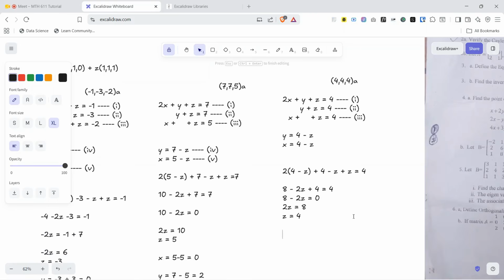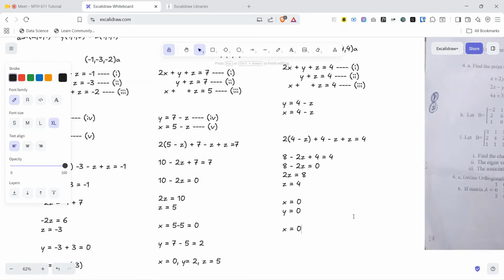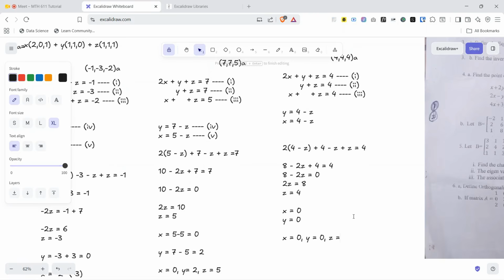So our x would be 4 minus 4, which is 0. Y would also be 4 minus 4, y equals 0. So we have x equals 0, y equals 0, z equals 4.